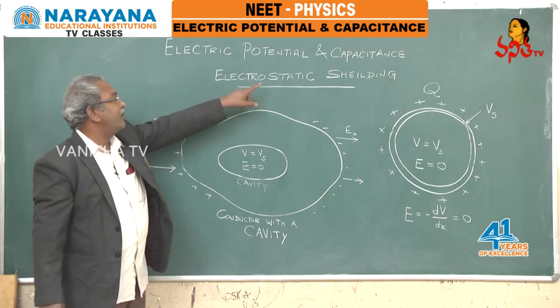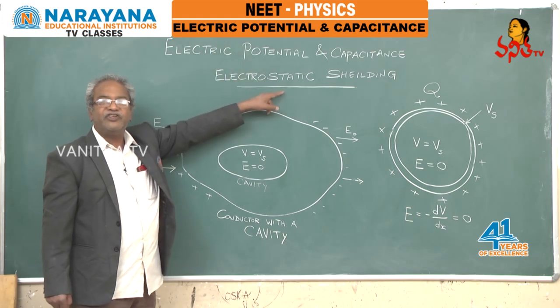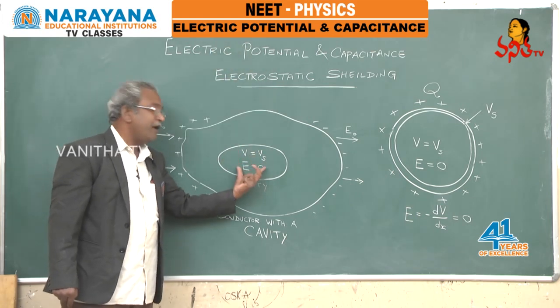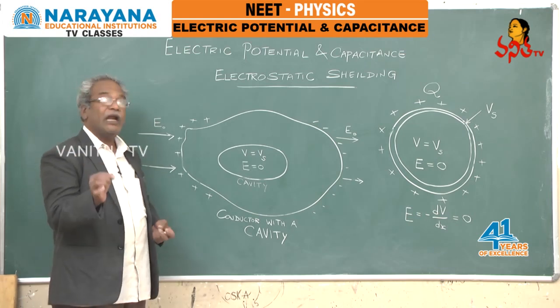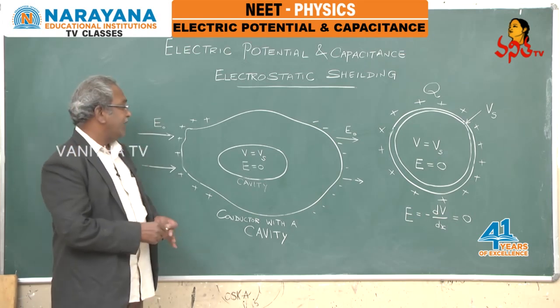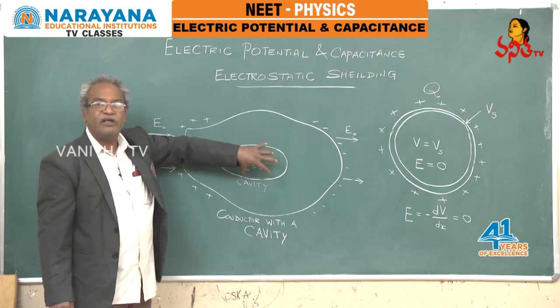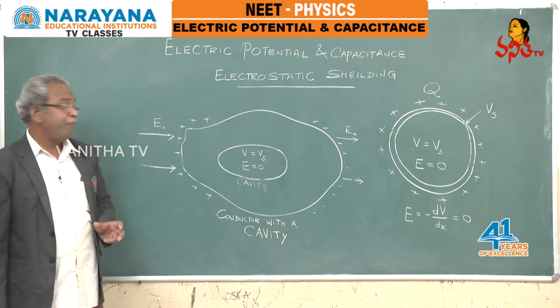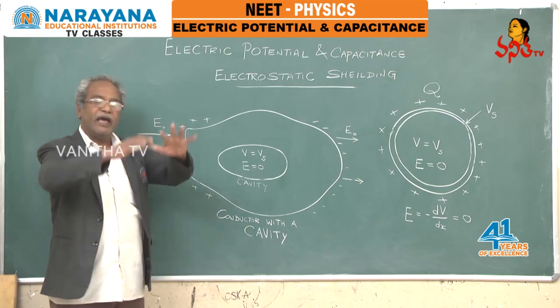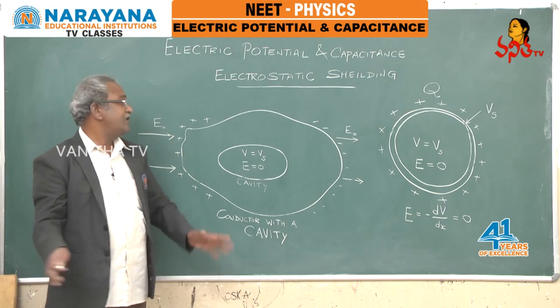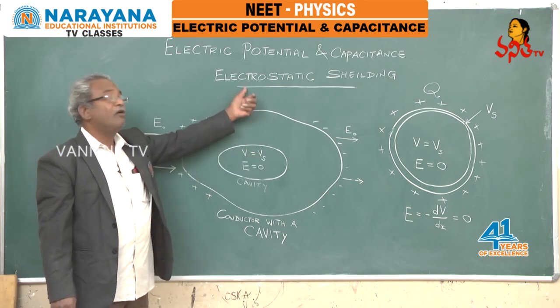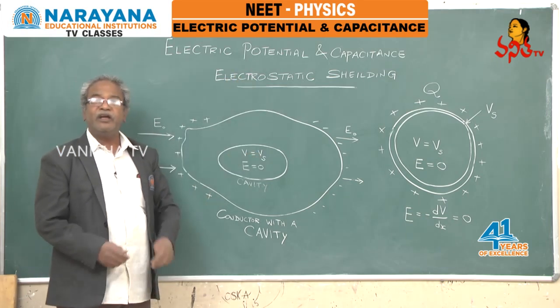That phenomenon, what do we call it? Electrostatic shielding. If you put an electrostatically sensitive instrument in this space, that instrument will be completely free of any external electric influences. That phenomenon is what we call electrostatic shielding.